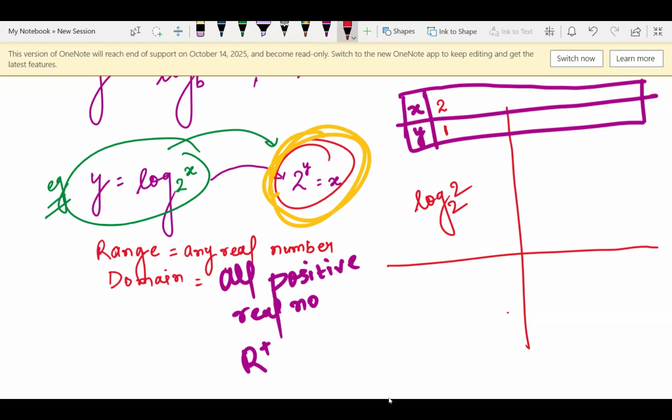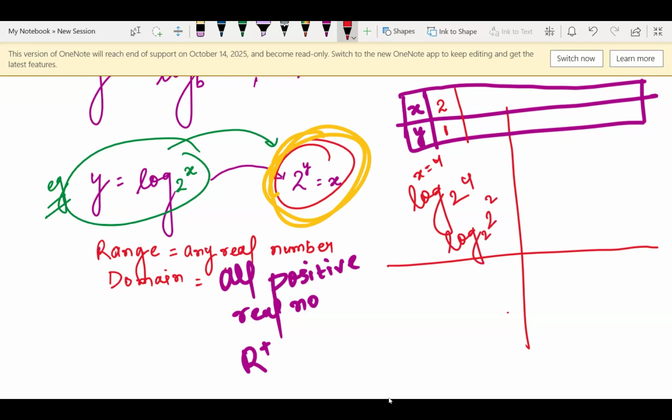That's why at first I showed you the rules, Miraj, and then I'm showing you the graphs and all. Next, if I take x as 4, it will be log 4 base 2, right? Yes. And this 4 can be written as 2 square. Yes or no? Yes.